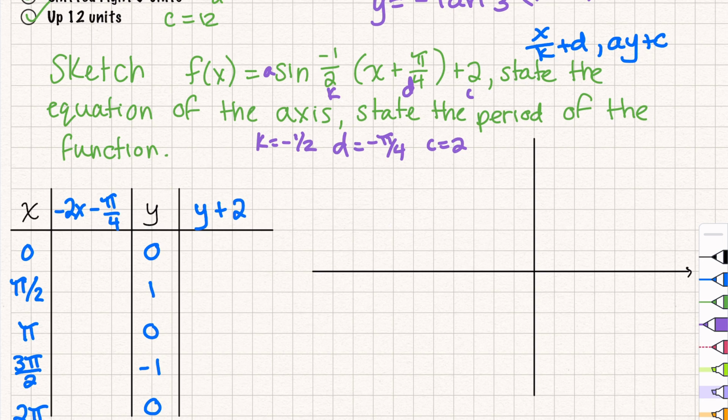So take a moment. When you're working on transformations, the best tip I can give you is make sure that your denominators, you convert them afterwards so that they're all the same. The reason being, it will make it much easier to graph your function if the denominators are all the same.